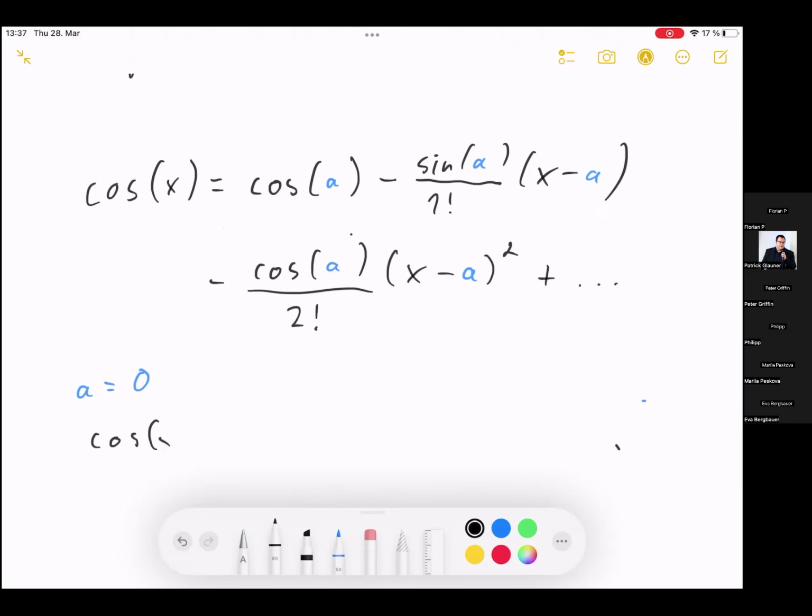So cosine of x is then cosine at 0 minus sine at 0 divided by 1 factorial times x minus 0.